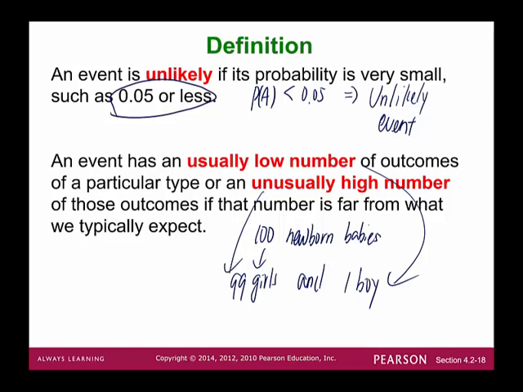Then this event has an unusually low number of outcomes of a particular type, in this case boys, or unusually high numbers of girls, outcomes far away from what we typically expect. And this is what we call an unlikely event. The probability for this to occur is very low. The probability of this particular outcome will be extremely low.